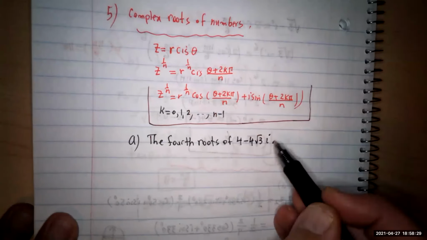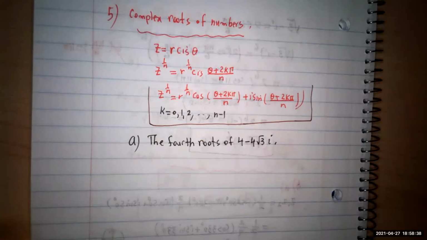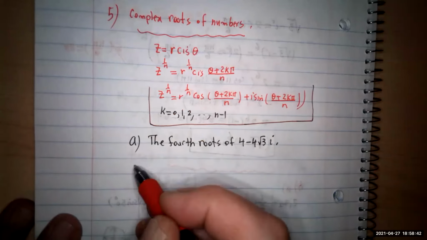So you are going to find the 4th root of this. This is going to be your z, and you are going to find z to a quarter, if you like.